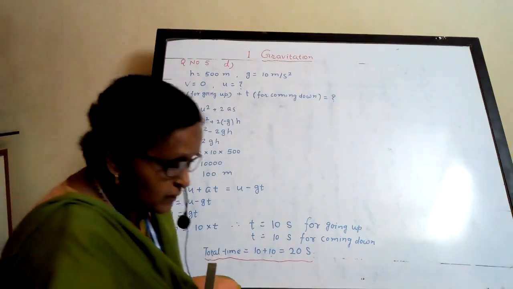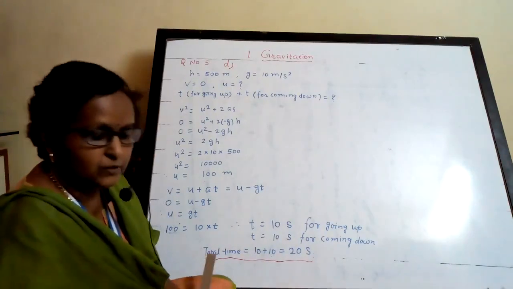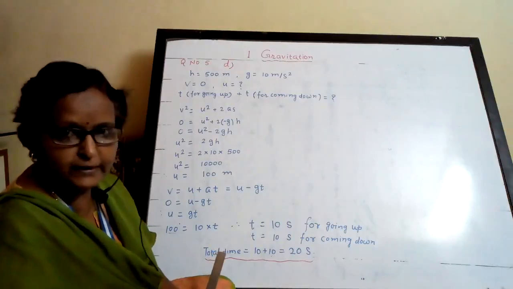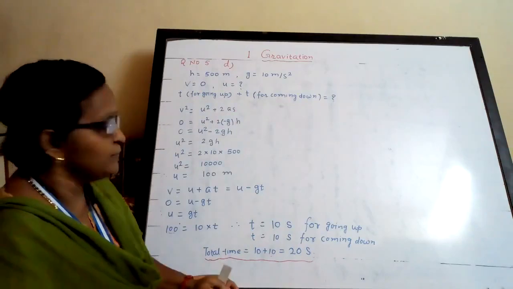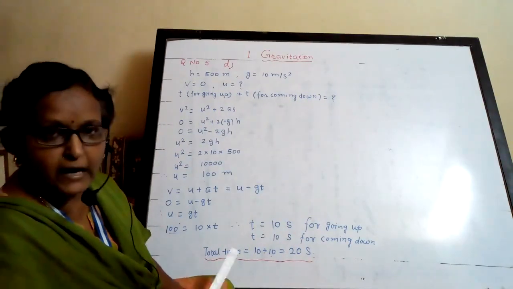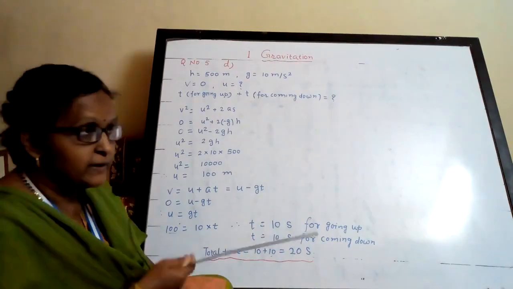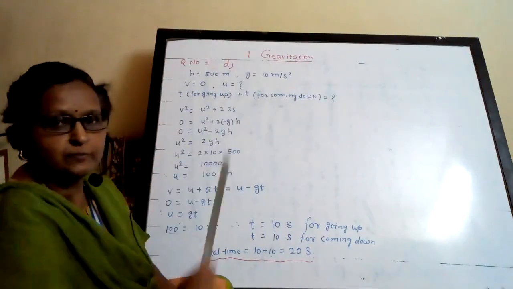Now you are told to take g is equal to 10 meter per second square instead of taking 9.8. It is given, so you have to take g is equal to 10 meter per second square. Now we know the formula. We are asked to calculate u, the initial velocity, because when it goes upwards, a certain time comes when the final velocity becomes 0.